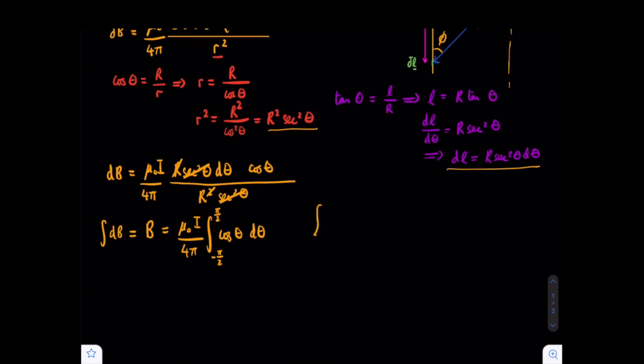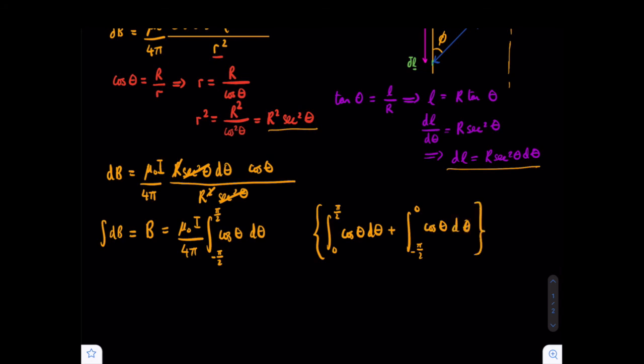And just for a note, this is the same as doing an integral from pi over 2 to 0 of cos theta d theta added with the integral from minus pi over 2 to 0 of cos theta d theta.